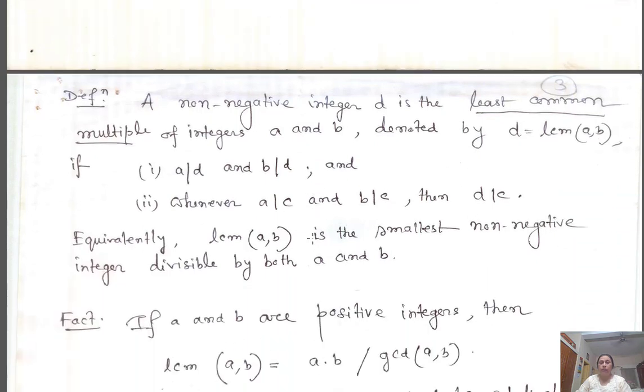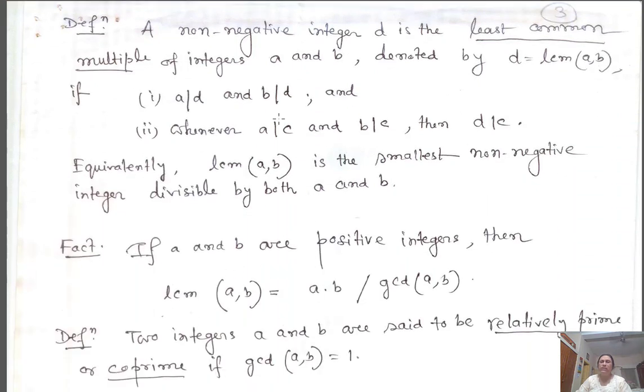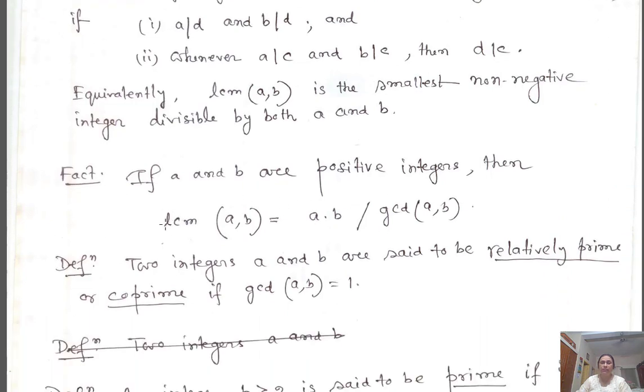Okay, so least common multiple, all these things you know. These are very basic things. I'm not going to discuss. And if you multiply the least common multiple of a, b and the greatest common divisor of a, b, then you get the multiplication of a and b. So these are basic elementary level maths.